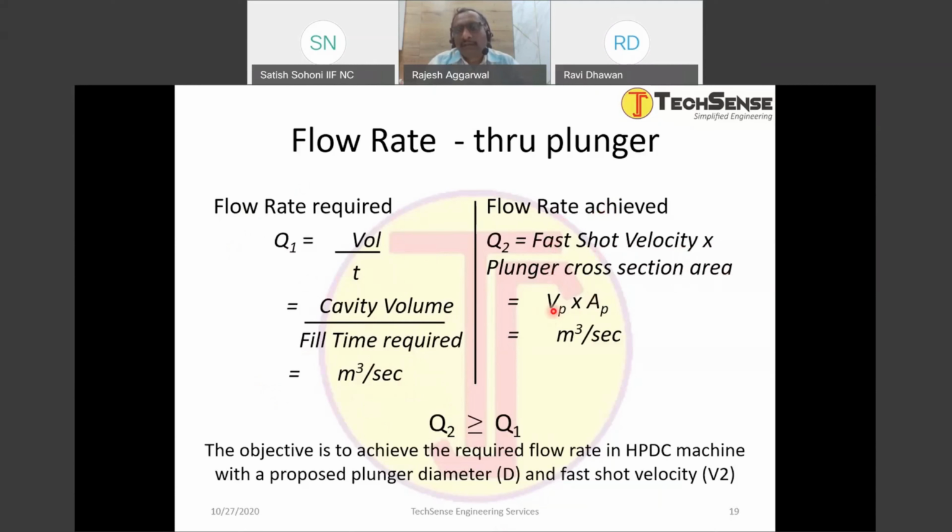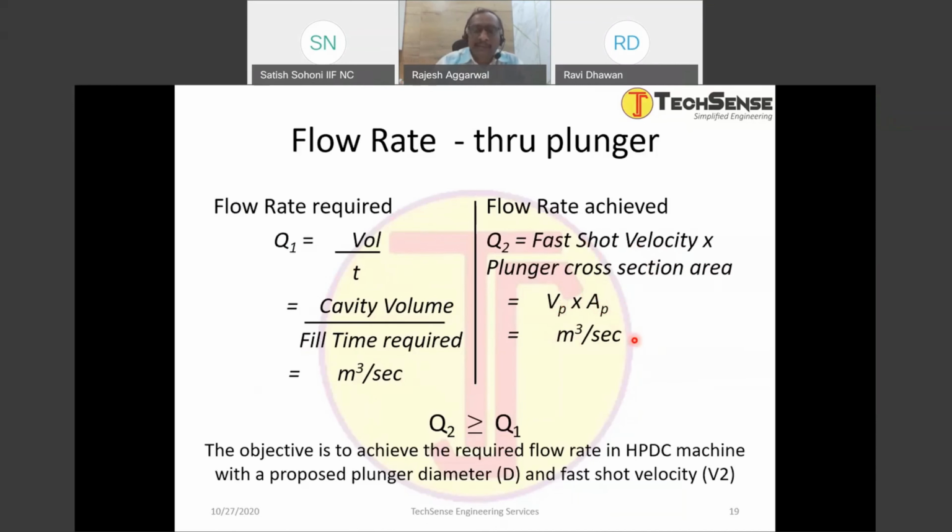The fast shot speed is the V2 on the machine, the second phase speed, and the cross section area of the plunger will give us the plunger diameter. We can replace AP with pi d square by 4, where d is the plunger diameter and Vp is the plunger speed, the second phase speed, again in meter cube per second.